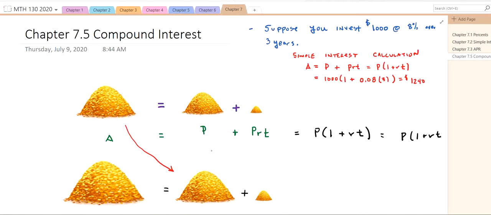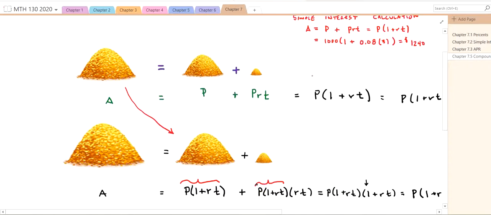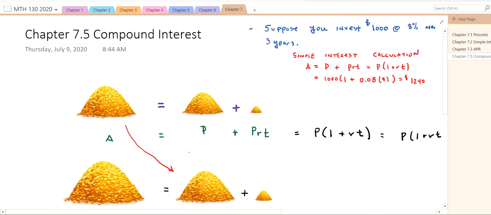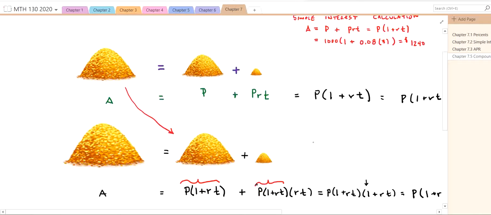Now let's do the same example with compound interest. In other words, I'm going to take into account that my principal is growing in my calculations. So my first year calculation is going to be the same. I guess I'll do it here.